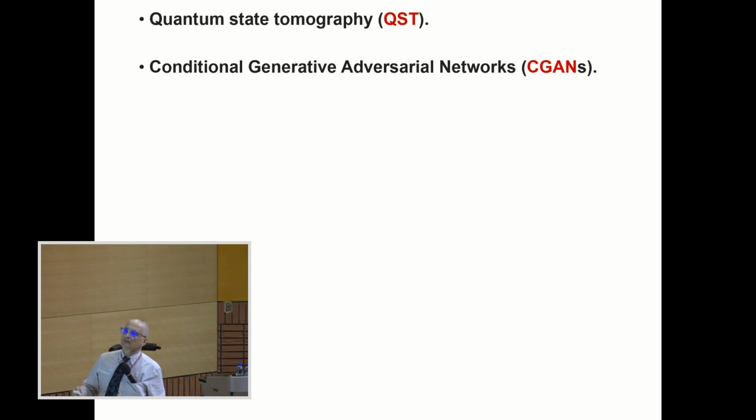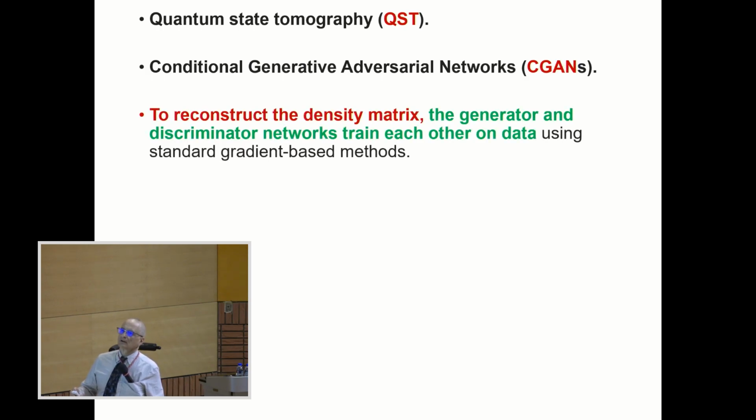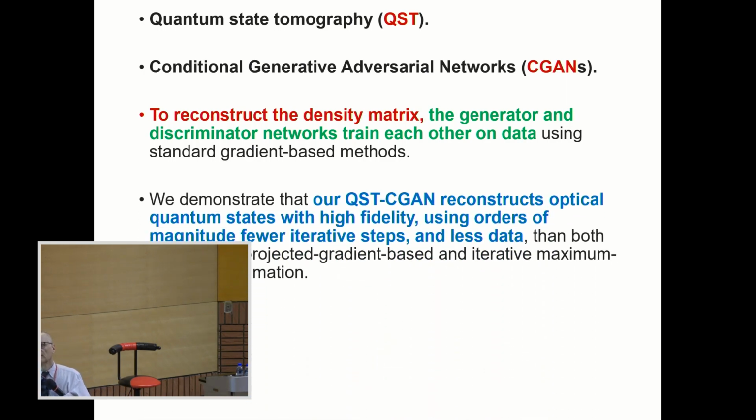So exactly, they're training each other on data using standard gradient-based methods. These quantum state tomography generative adversarial networks construct optical quantum states with high fidelity using orders of magnitude fewer iterative steps, less data than both accelerated projected gradient-based methods and iterative maximum likelihood estimation.